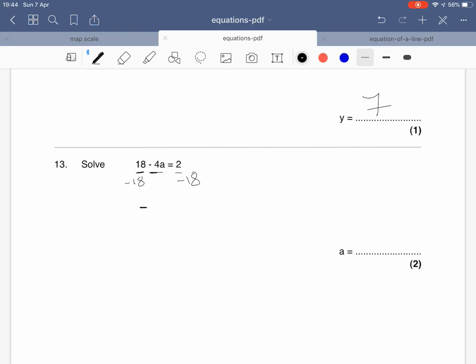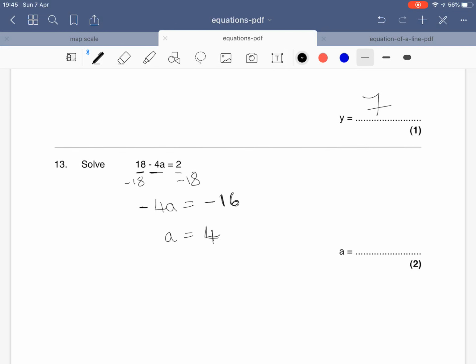So I'm left with minus 4a. Then I've got 2 take away 18 is minus 16. So I've got minus 4 times something is minus 16. We know 4 times 4 is 16, and we need that to be a positive in order to get a negative.